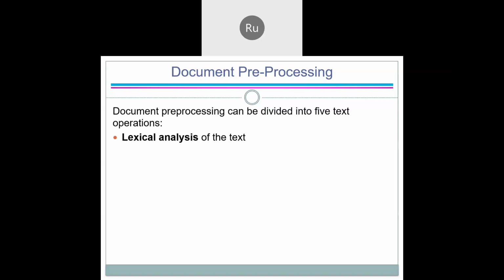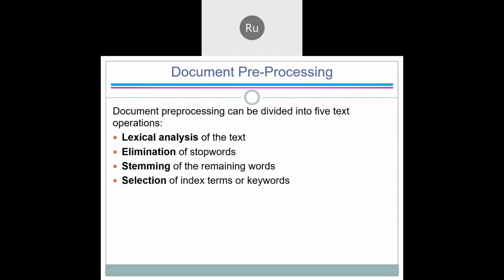When we accumulate them, they become a list of unique terms, or what we call vocabulary. This is the pre-processing that we have. Lexical analysis. We eliminate the stop words. We perform stemming to find the root word of words that we have. Selection of index term or keyword, and then finally we construct the thesaurus.